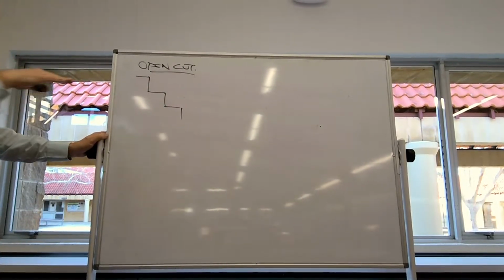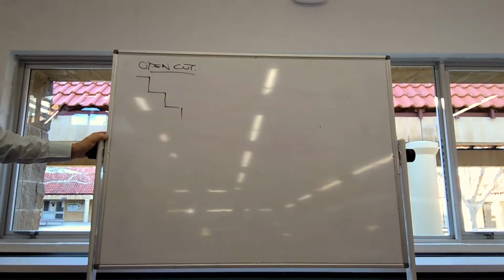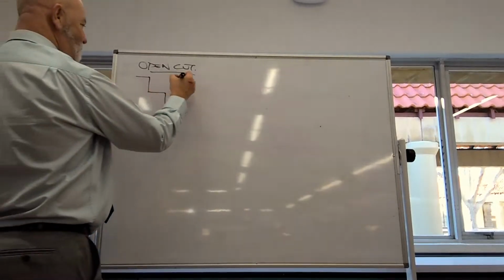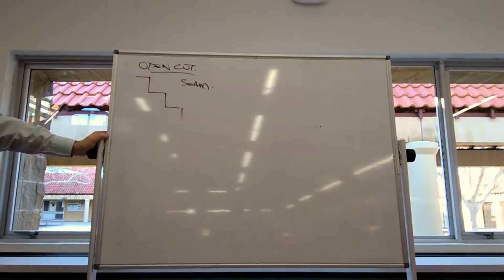It looks like this from side on. That allows you to drive around to find the seam of the precious ore. Okay. So the word there is seam.